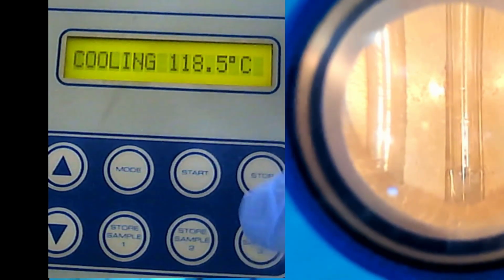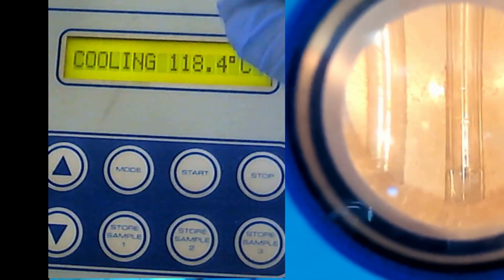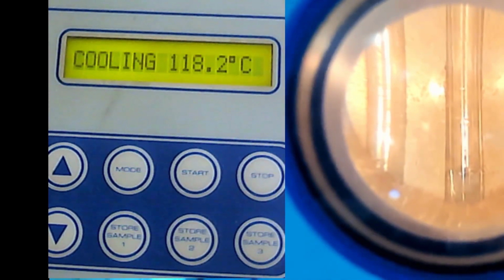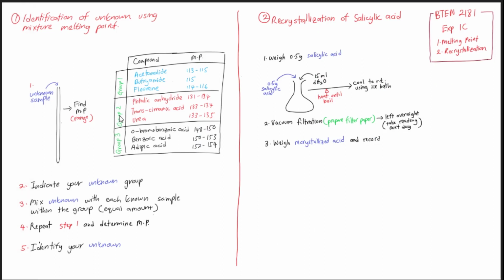The reason why you need to wait for it to cool is this. If you look here, now you see your sample is in what group? Your sample is now Group 1. Group 1 has acetamide, butramide and fluorine.